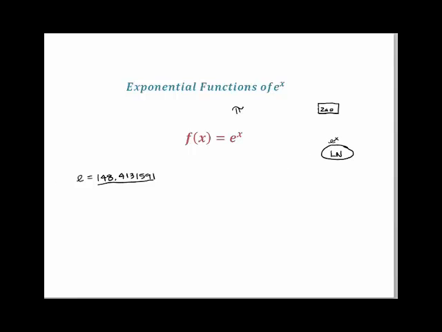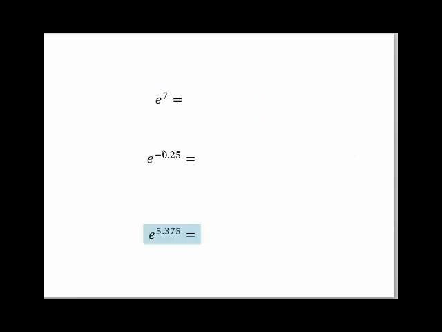Okay. All right, let's take a look at a couple examples. We're just going to work with your calculator a little bit here, and then we'll go on to something else. So e to the 7th. Okay, you're going to hit that second button again.